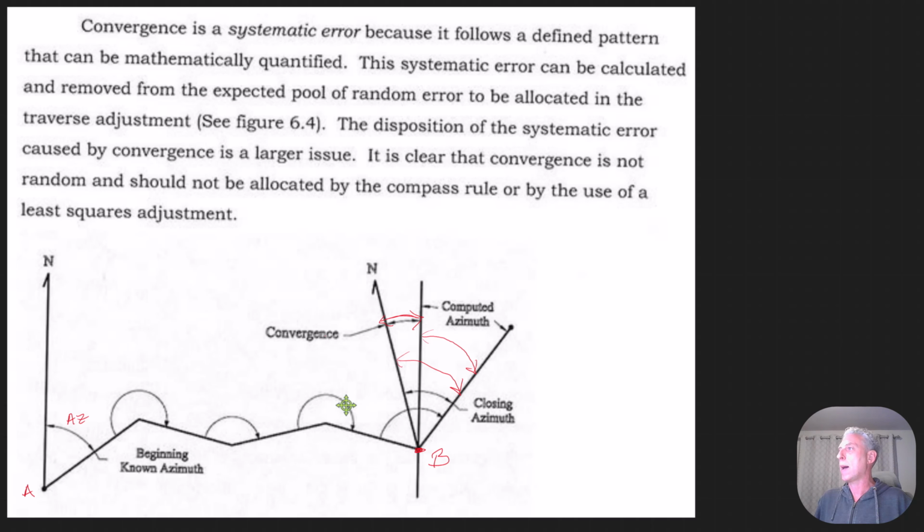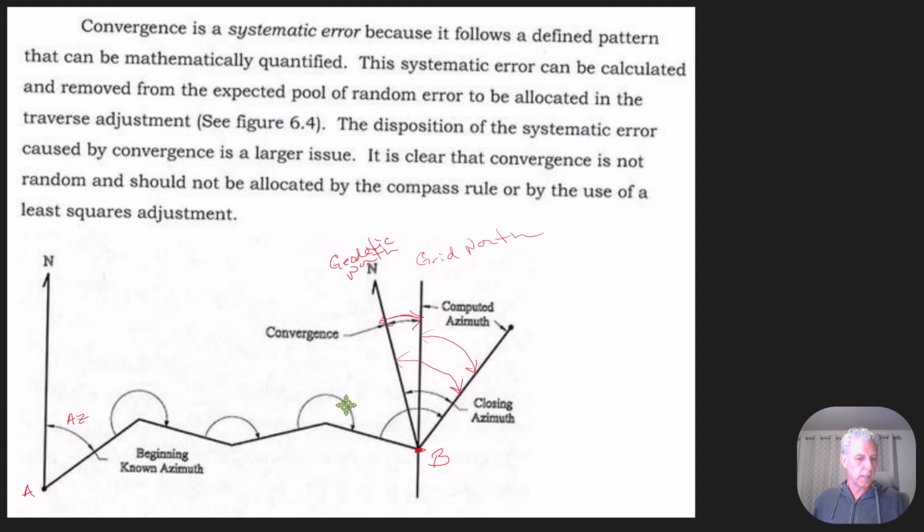This is grid north. And this is geodetic north. So geodetic north is west of grid north.